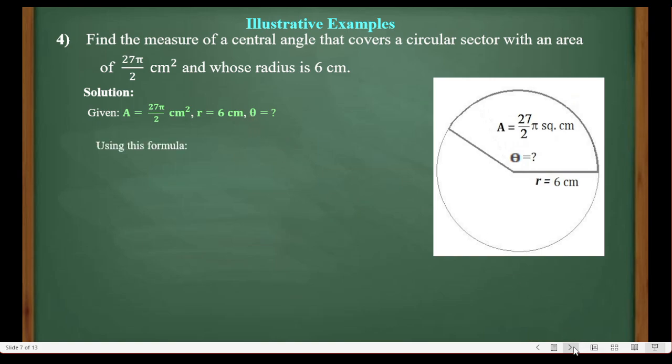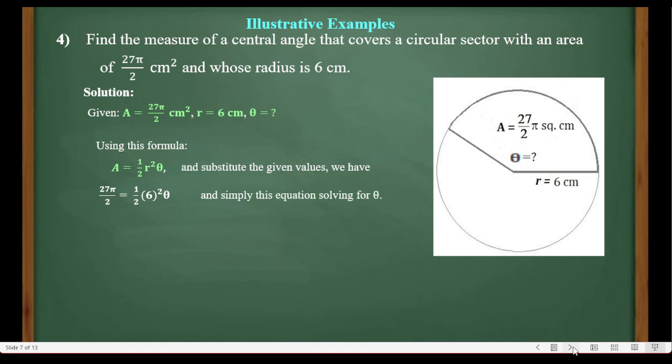Okay, so using the formula, A equals 1 half r squared theta, substituting the given values, that will give us 27 pi over 2 equals 1 half 6 squared theta. So transforming the equation, solving for theta. Okay.